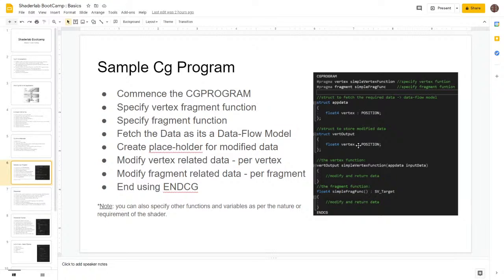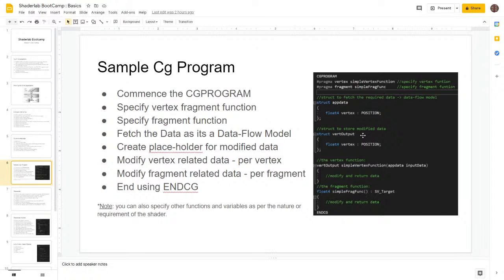Then we have one structure, but we cannot modify the same structure. So we make one more structure similar to the previous one, and in that we say that this structure will have the same vertex information, but we are going to write into this. And then we go on writing our vertex and fragment function. When we write our own vertex function, we modify the vertex if required.